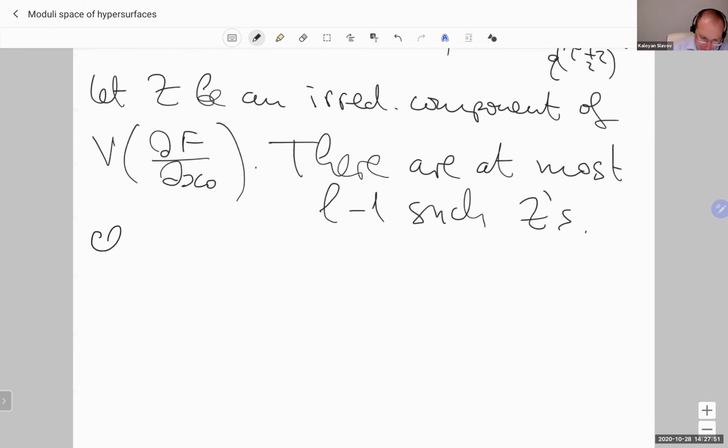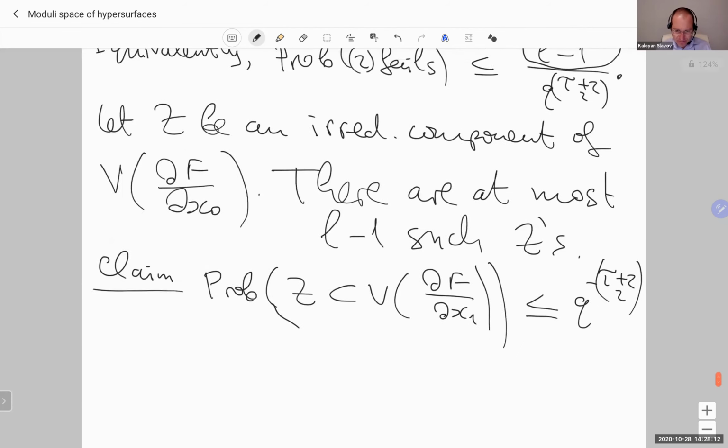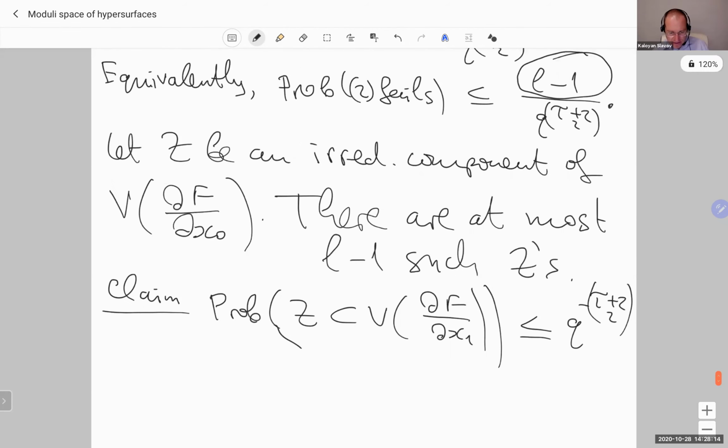What remains to prove is the claim: the probability that z is contained in the vanishing of df/dx1. That's what we don't want. We should bound this less than or equal to q to the minus (tau plus 2 choose 2). If we prove this, we're done. We got the L minus 1 and then times the probability that the given irreducible component is contained in the vanishing of the other partial.